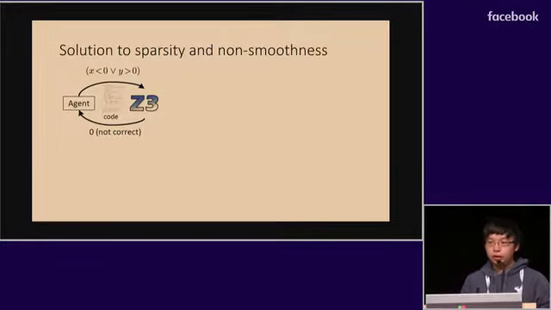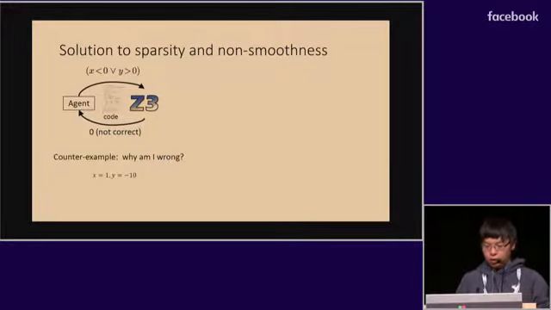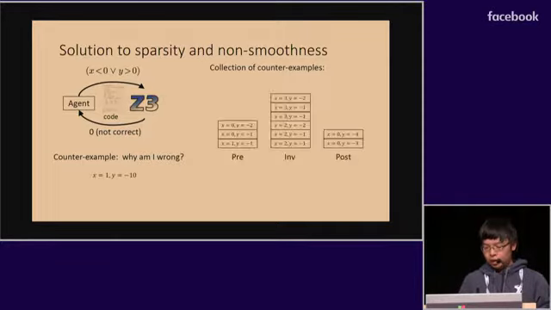To solve the sparsity issue, let's take a closer look at the checker. Every time the proposed solution is rejected, the checker will provide additional information that tells you why you are wrong by providing a counter example. The counter example is an assignment of the variables. As the interaction with the checker goes, one can collect a set of counter examples. Recall that the loop invariant should satisfy 3 conditions.